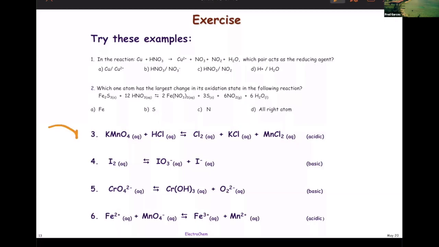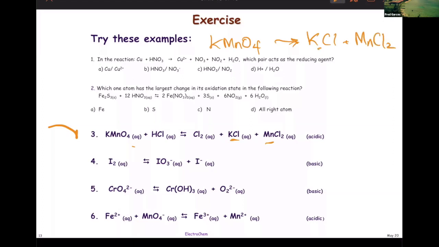One half of the reaction might be KMnO4. And the product has to have potassium and permanganate. The product has to have common non-hydrogen and oxygen elements. So the only place I see potassium is in this one, so it has to go to KCl. The only place I see manganese is in this one, so it has to go to MnCl2.